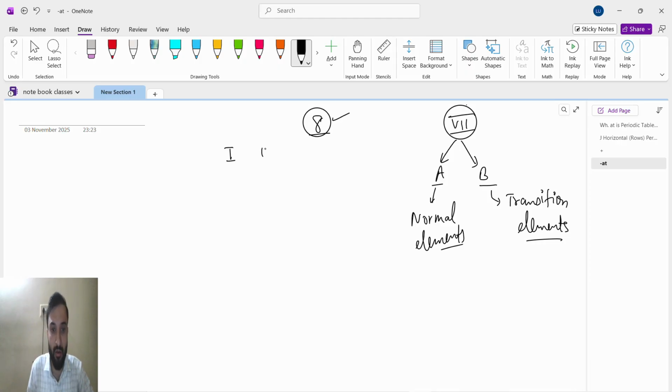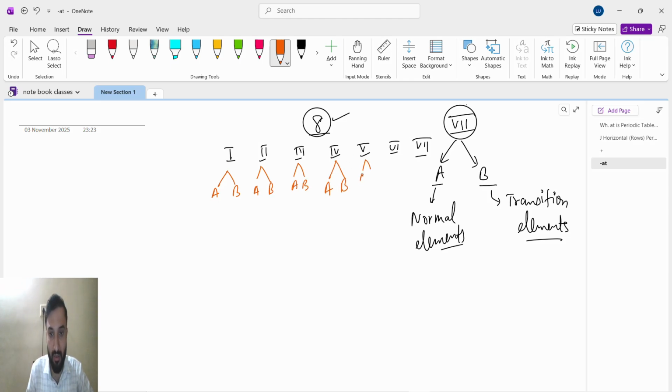From 1 to 7, every group is divided into two subgroups, A and B. A is called the normal element, B is called the transition elements. Now the eighth group is having 3 rows.